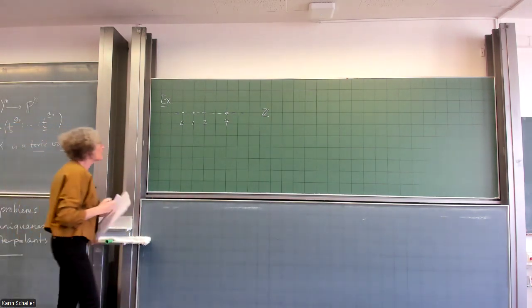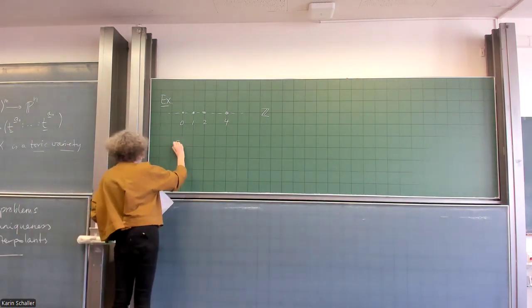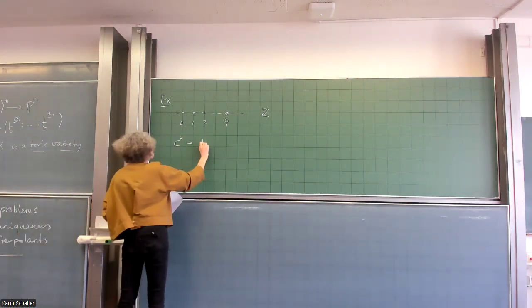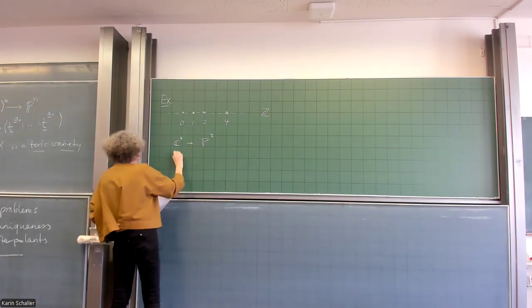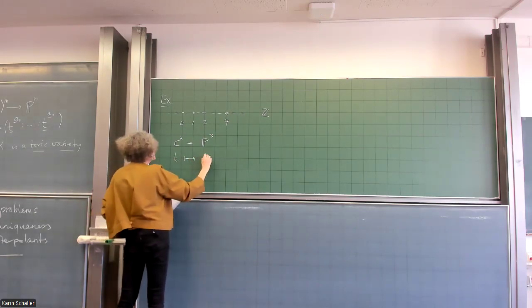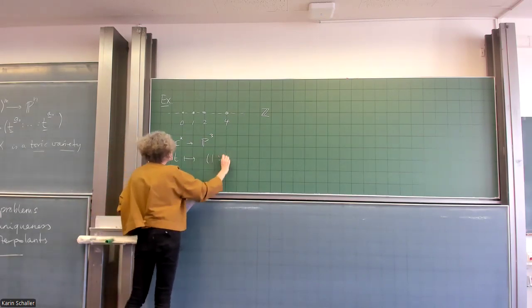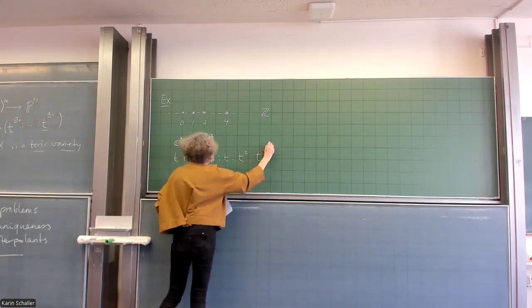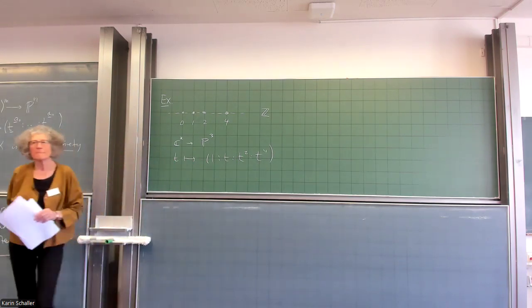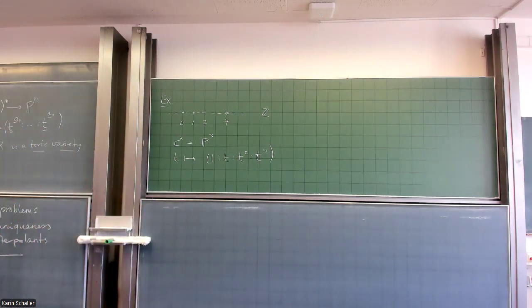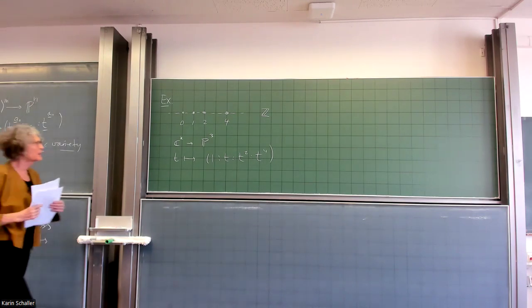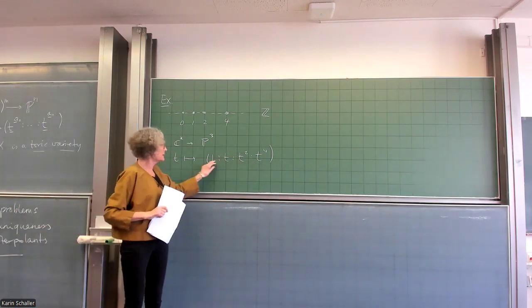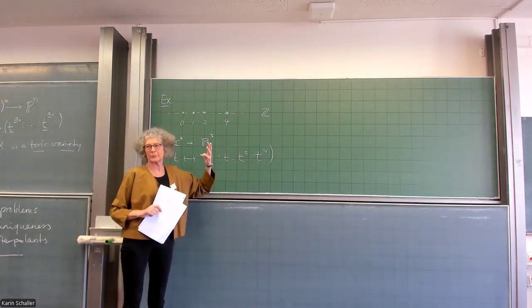It gives me a map from C* to P^3 by sending t to (1, t, t^3, t^4). It almost looks like a twisted cubic, but it's not. It's a quartic curve, because if you take a plane and intersect with the image here, you will get 4 points.